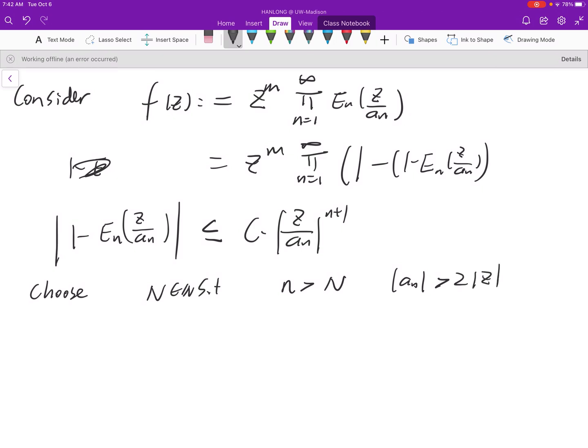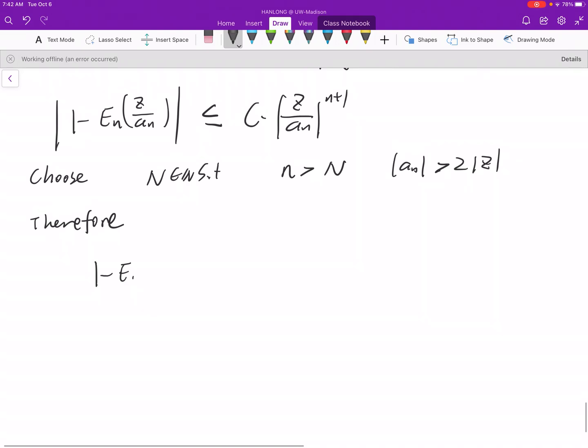Therefore the norm of 1 minus En(z divided by an) is less than or equal to c times 1 over 2 to the power n plus 1.